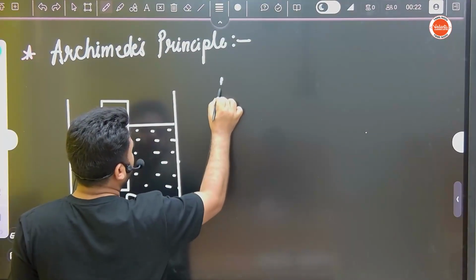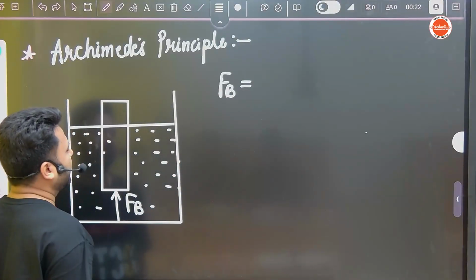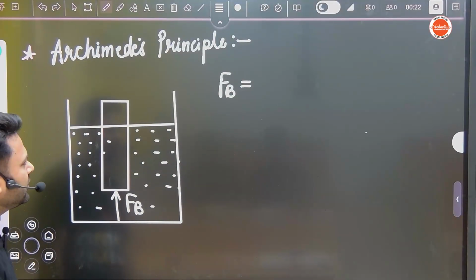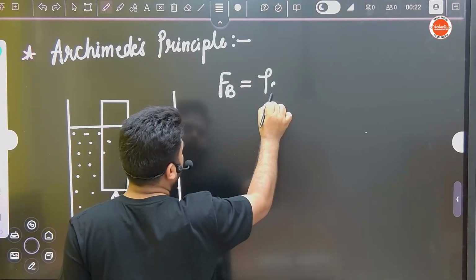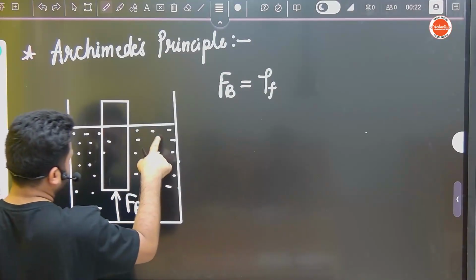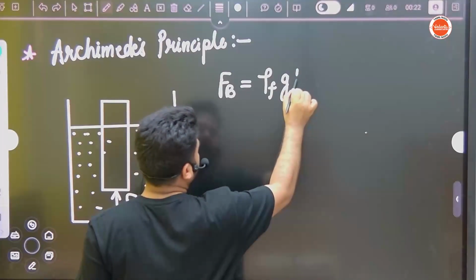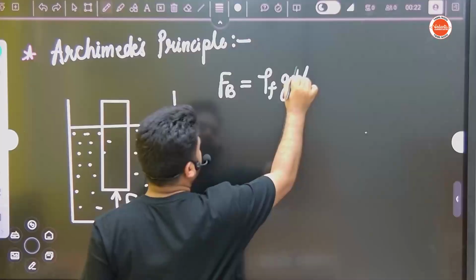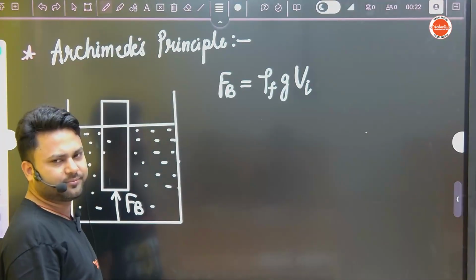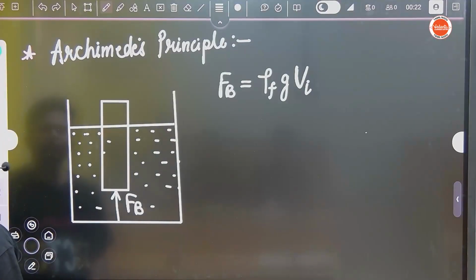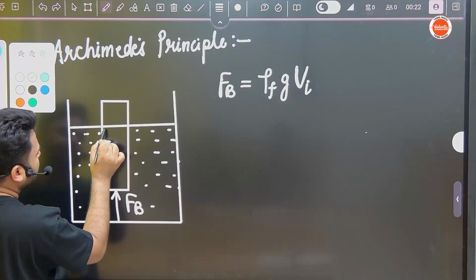So this is the upward force, which is called buoyant force. What is its value? The value of the upward force is density of fluid, meaning this fluid, multiplied by g, multiplied by the volume of the object inside the fluid, VI.